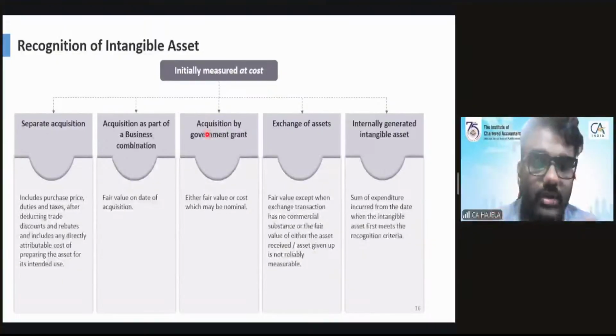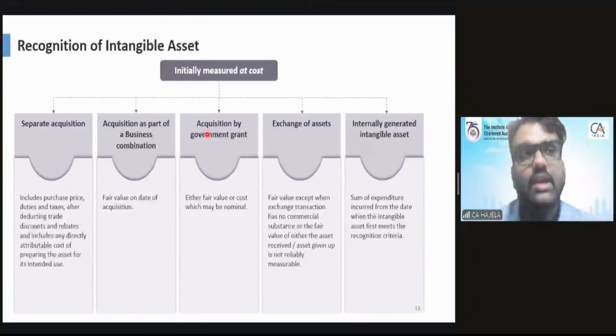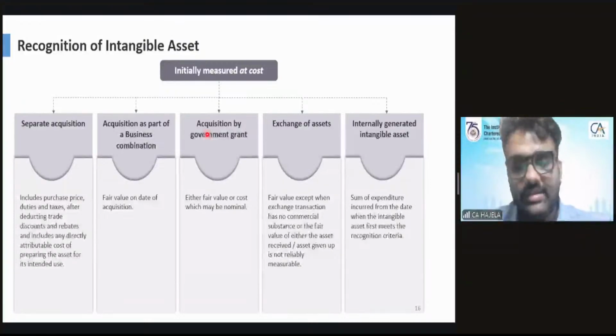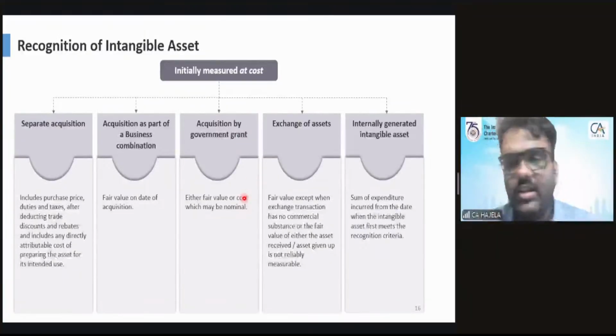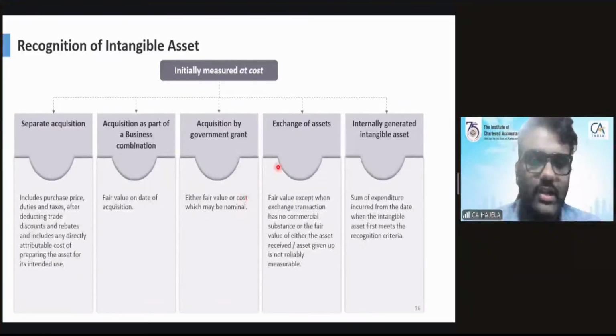When they want a particular industry to grow, they give a license free of cost, saying that eventually this will be a paid license, but since you are the first mover in this industry, we are giving you this license for free or at a very subsidized cost. So under that, as per the accounting requirement of intangible assets and that of government grants in Ind AS, it can be valued either at fair value or the nominal value, the basic amount that you have paid.